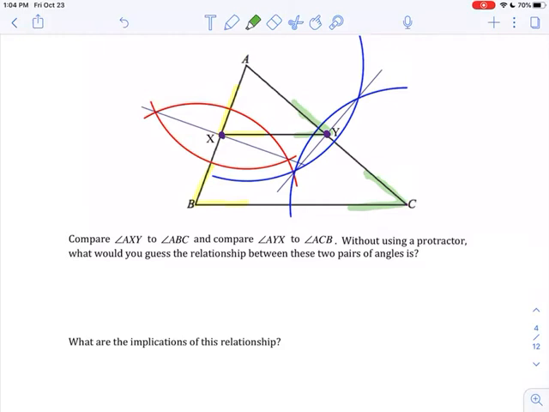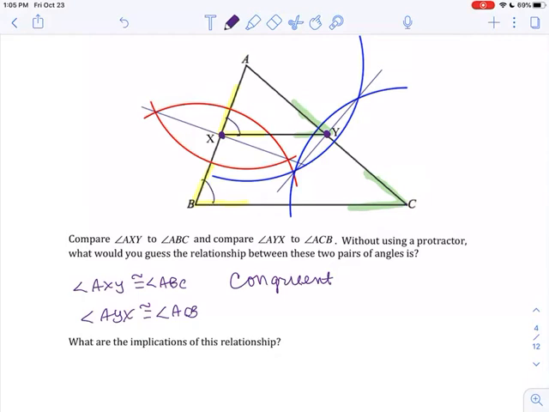And I want to compare it to angle ACB, which I put in green also. All right, without using a protractor, what would you guess would be true about those two angle pairs? And if you guess that they're congruent, you're absolutely right. They look congruent. If I was to take out a protractor and measure them, I would see that AXY is congruent to ABC, and that angle AYX is congruent to angle ACB.